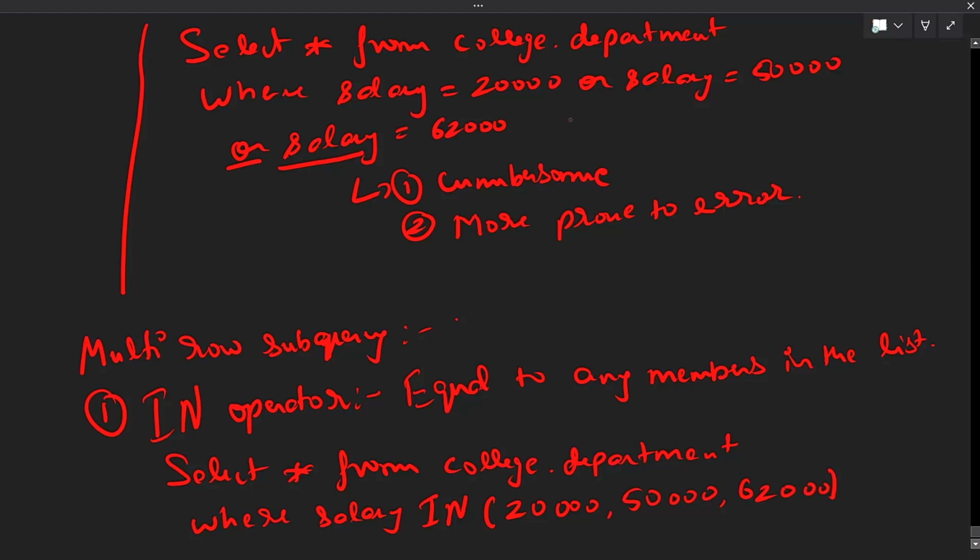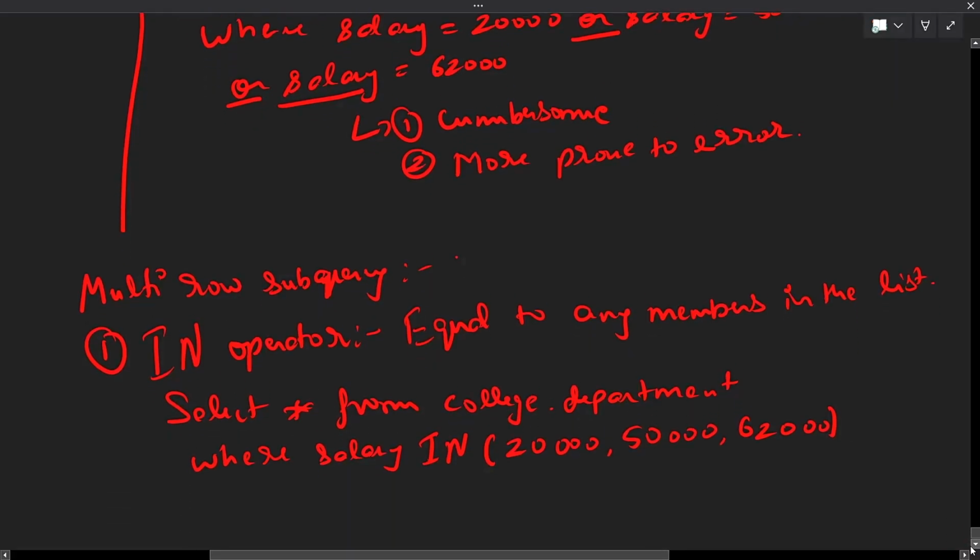You see now how easy it has become. Here it is or, here it is or. Instead of doing this, you made it an in operator.